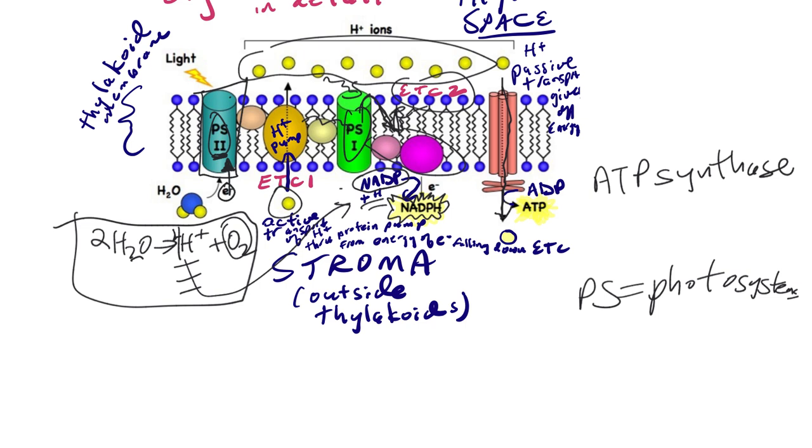But anyway, when you have passive transport, you're giving off energy. The ions moving from a high concentration to a low concentration place will give off energy, and that energy can be used to energize ADP into ATP. So the light reactions, basically, what do?